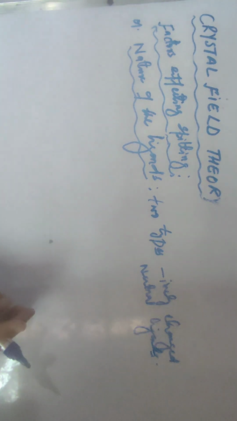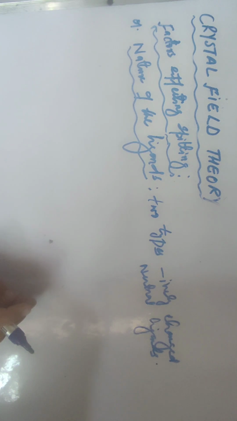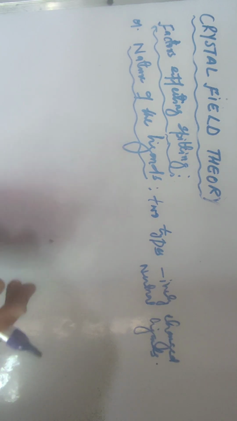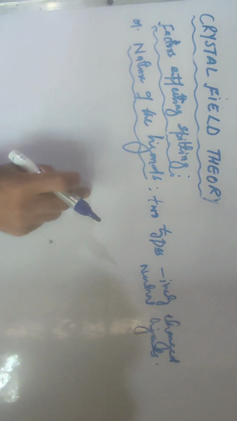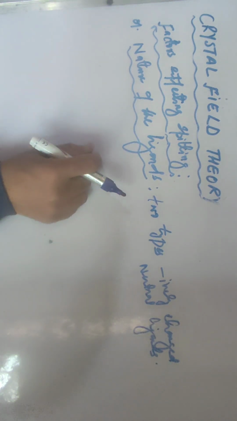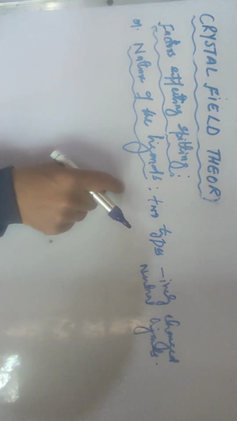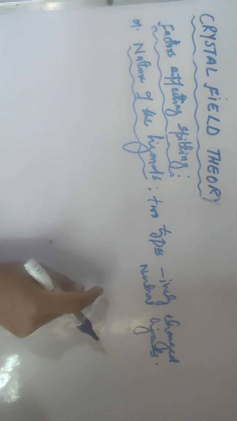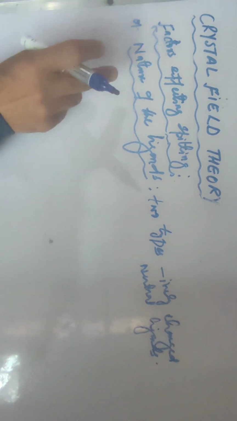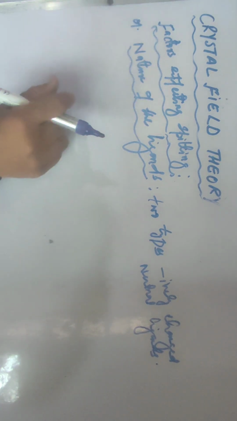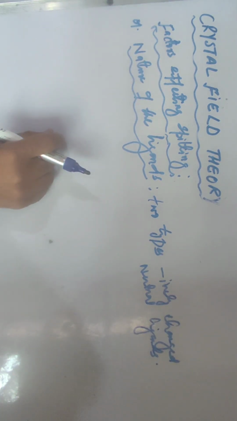Under the influence of the ligands, the magnitude of the crystal field splitting energy depends on the nature of the ligand. The greater the ease with which the ligand approaches the metal ion or metal atom, the greater will be the crystal field splitting produced by it.